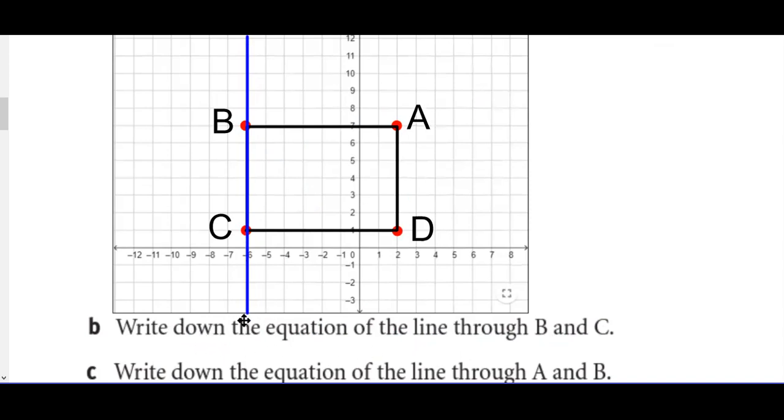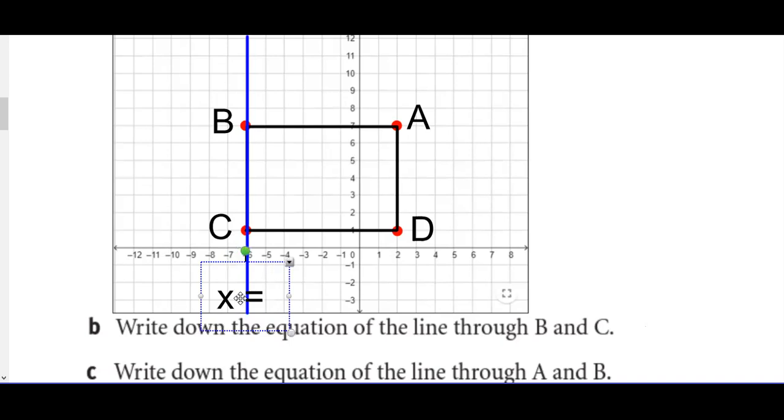You have to check that this line is going through only one value of x, which is -6. So the equation will be x equals -6.